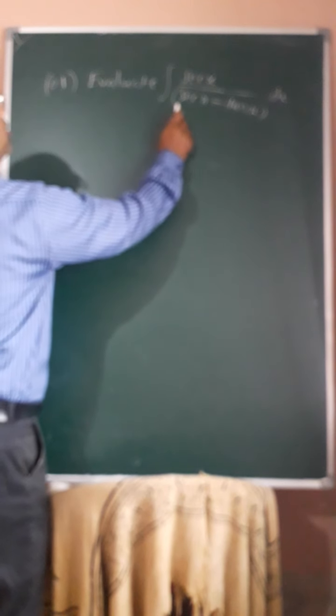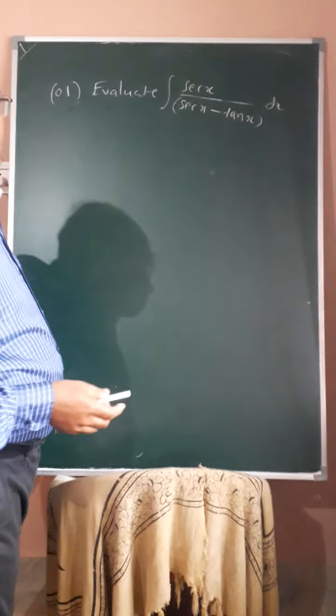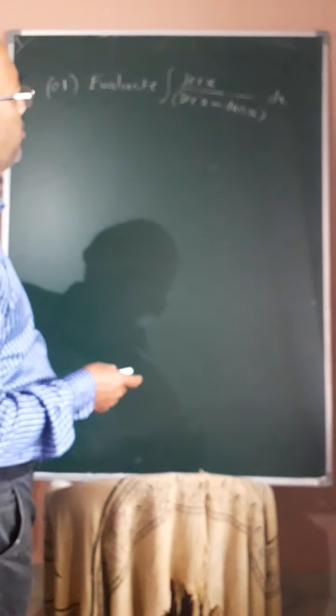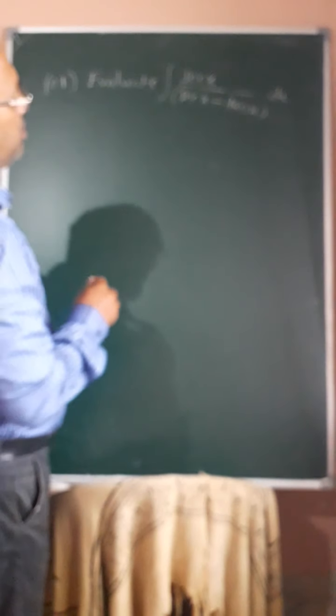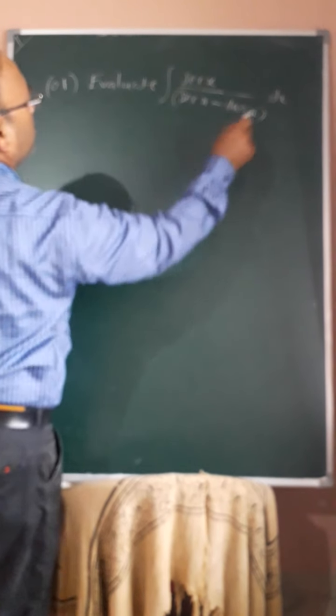Here also you should do rationalization in the denominator. That means take the conjugate of this denominator and multiply it to the numerator and denominator.